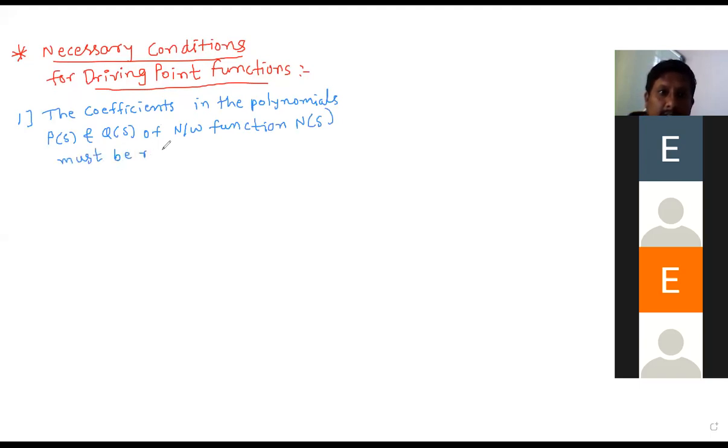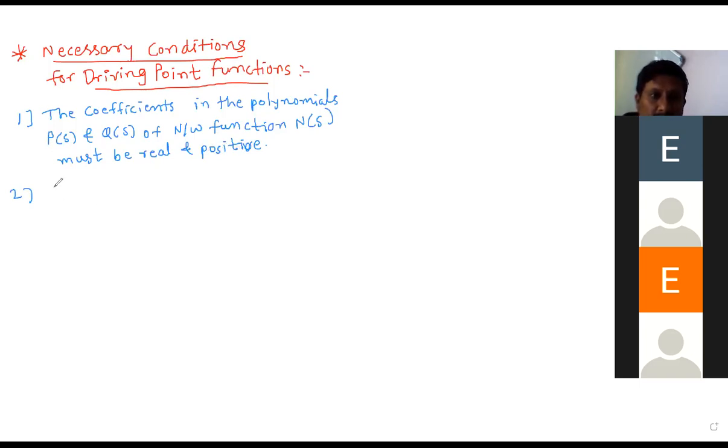Must be real and positive for driving function. Always remember. अशा टाइपचे क्वेश्चन्स ते MCQ फॉर्मॅट मध्ये विचारू शकतात. म्हणजे इथं the coefficients in the polynomial of network function किंवा ड्रायव्हिंग पॉइंट फंक्शन must be dash dash, and they will give the options: real and positive, real and complex, real and negative, असे ऑप्शन्स ते देऊ शकतात.